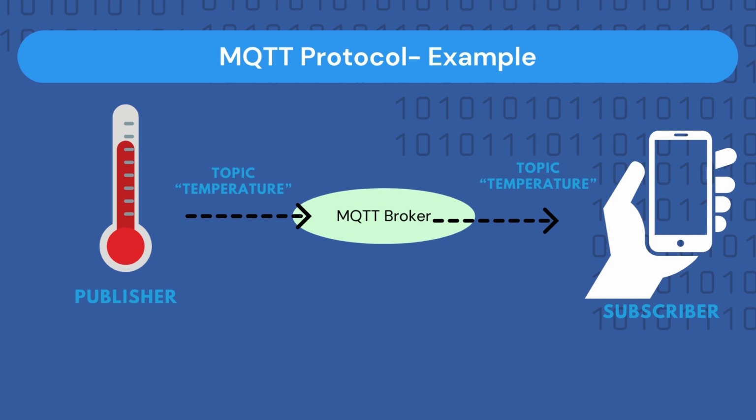And it will publish these sensor readings to a topic called temperature, for example. Then our phone, as we are trying to monitor the temperature of the living room through it, would like to subscribe to that topic, temperature, by connecting to the MQTT broker and listening for temperature readings.